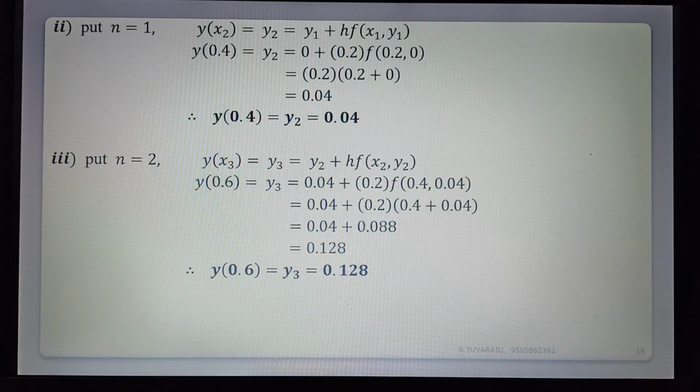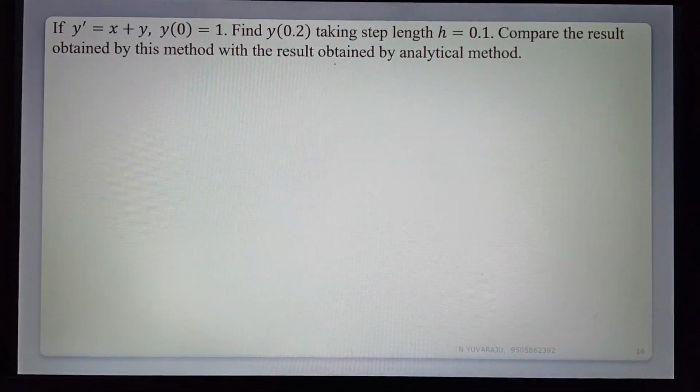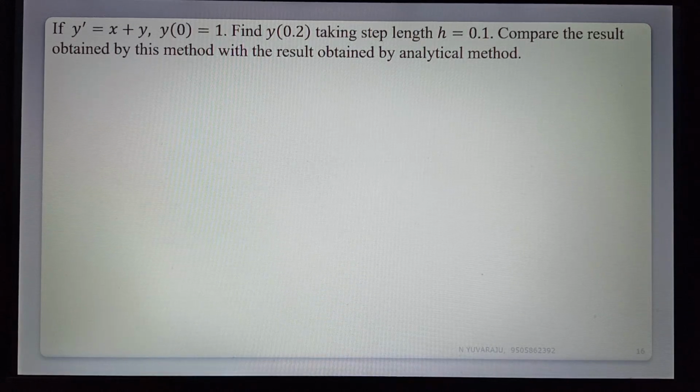So next example. Okay, see the next example. If y dash is equal to x plus y, y of 0 is equal to 1, find y of 0.2 taking step length h is equal to 0.1.